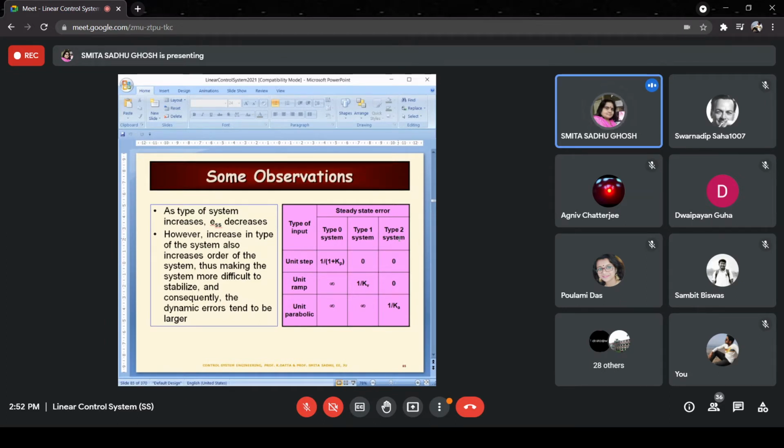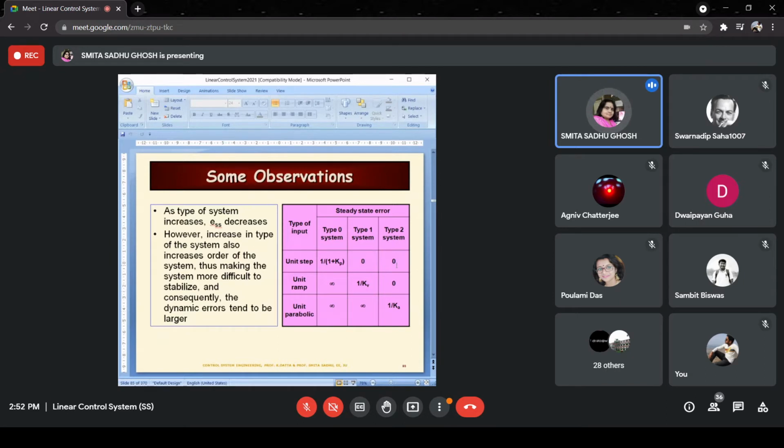So for a type 2 system, the lowest order that you can have is a second order or a higher order system. Now, as the order of the system increases, what happens to other things? Other things meaning, number one, the transient response. The transient response will become more oscillatory when the order of the system increases.